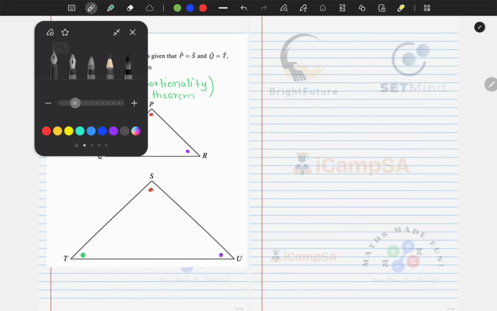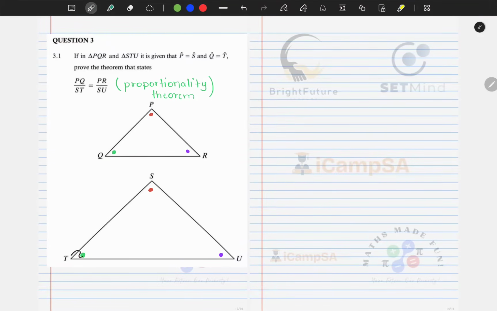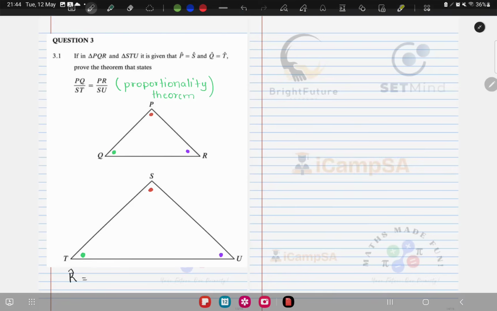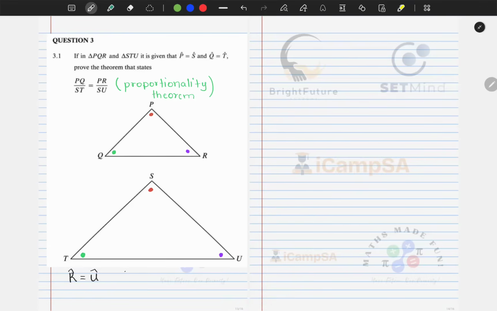So we can go ahead now and state that angle R is equal to angle U. And the reason you can give, once two angles are equal, you can always say the third angle of a triangle, and you will get marks.